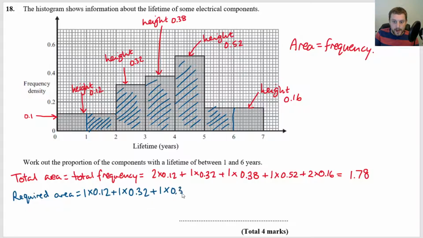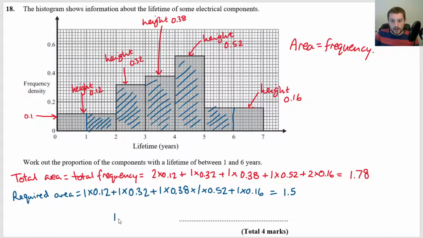But what I'm doing is I'm adding up now all of the blue rectangles, areas, and I can save myself a bit of time, because this previous answer, if I just take away a 0.16 and I take away a 0.12, I should get the answer that I'm looking for, which is 1.5.